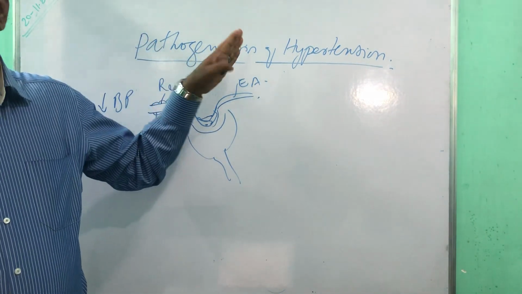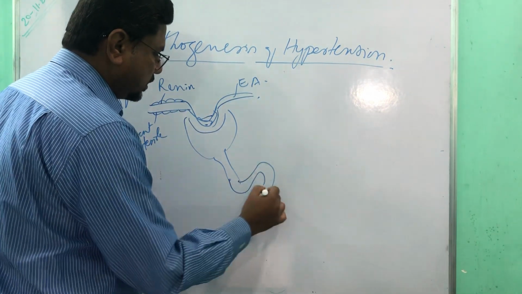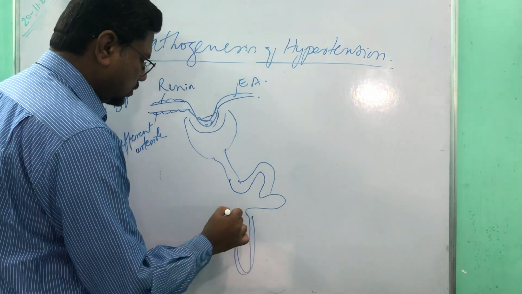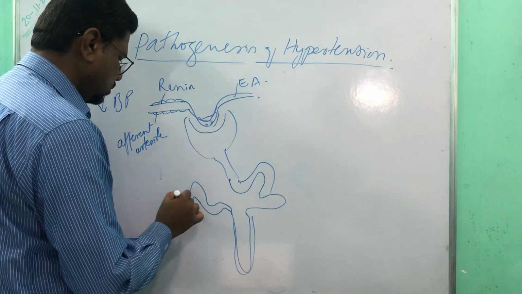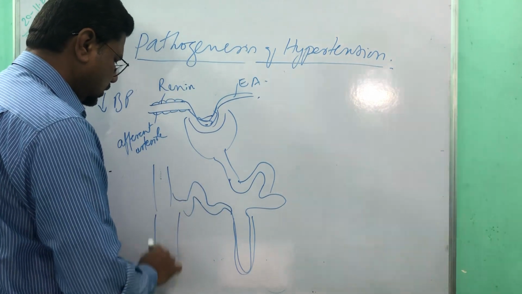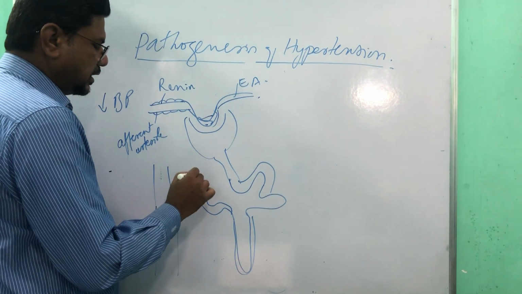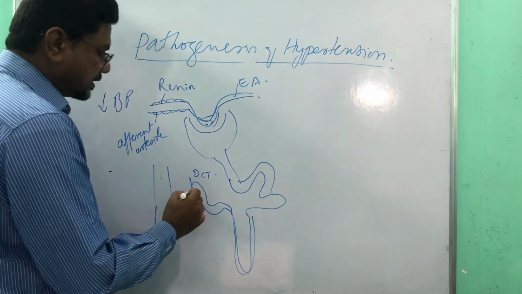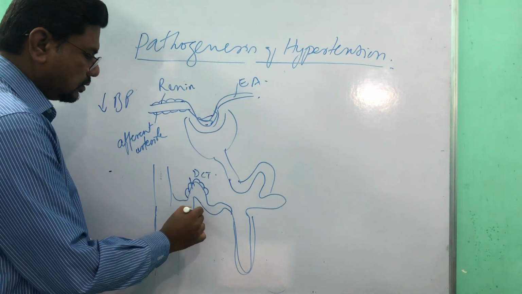How this renin is released, I have said that also, but still I'll just repeat it. See, this is a nephron, okay? So here, this is the DCT. In the DCT, what cells do they have?